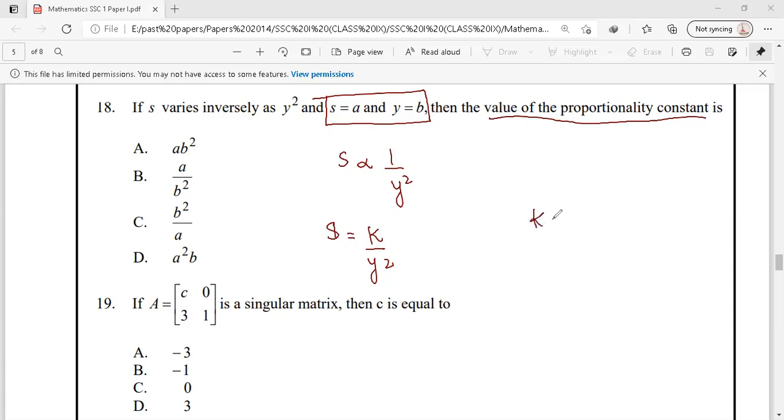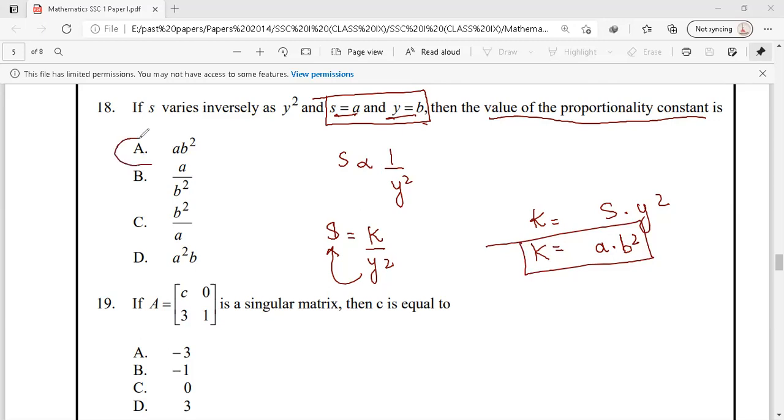So the proportionality constant will be equal to s times y², since y² is multiplied to the other side of the equation. The value of s is a and the value of y is b, so the proportionality constant k is ab². So the correct answer is option A, ab².